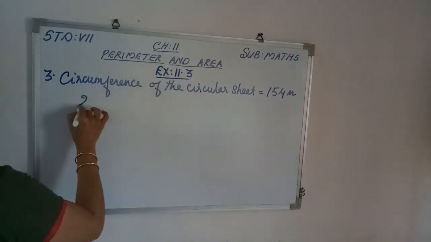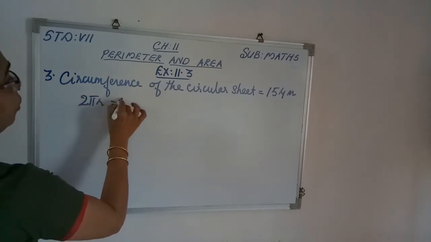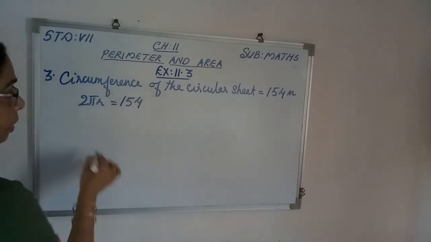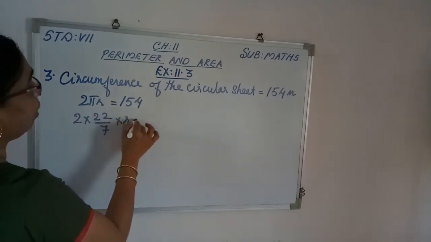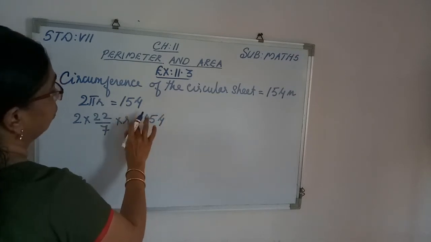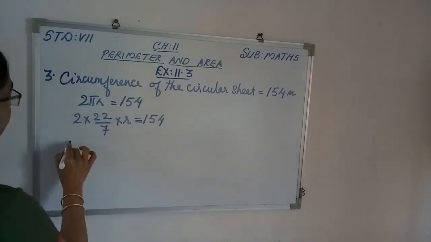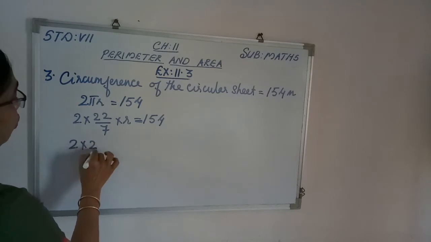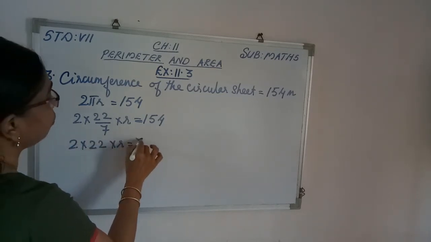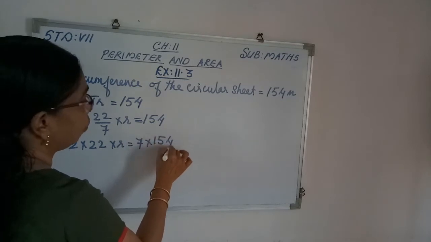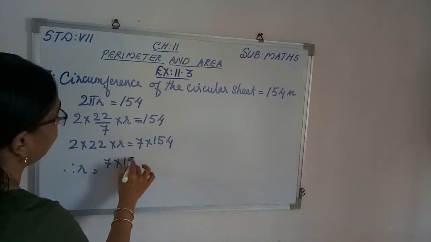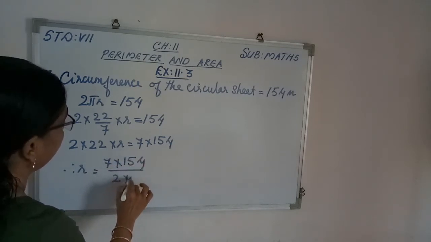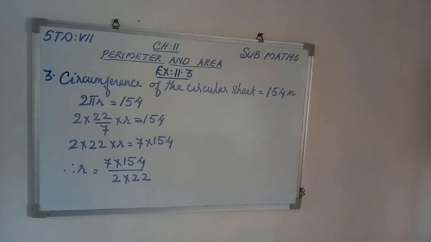So circumference means 2 pi r is equal to 154 meter. 2 into 22 upon 7 multiplied by r is equal to 154. Cross multiplying, 2 into 22 multiplied by r is equal to 7 into 154. Therefore, r is equal to 7 into 154 divided by 2 into 22.